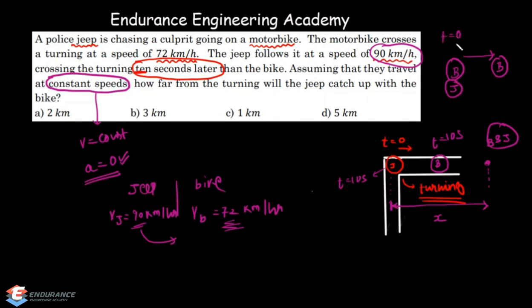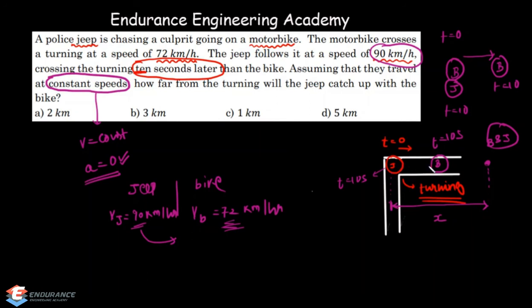So at 10 seconds, the jeep was at the initial position, and the bike was at some position which is away from the jeep.